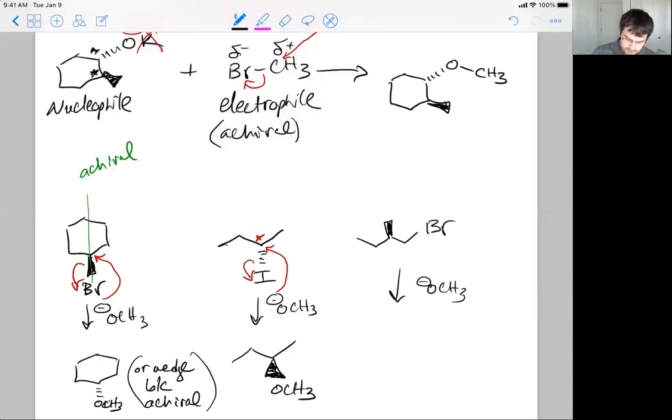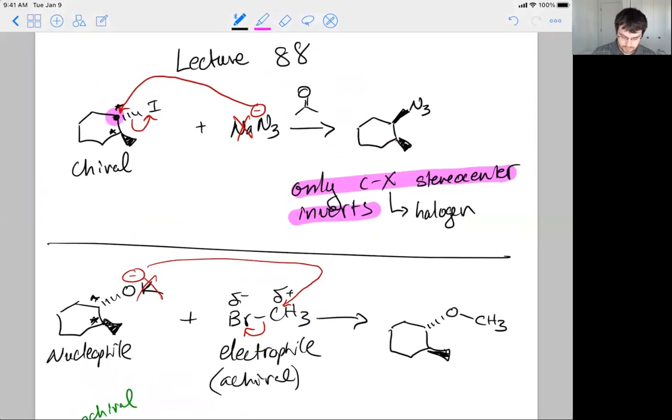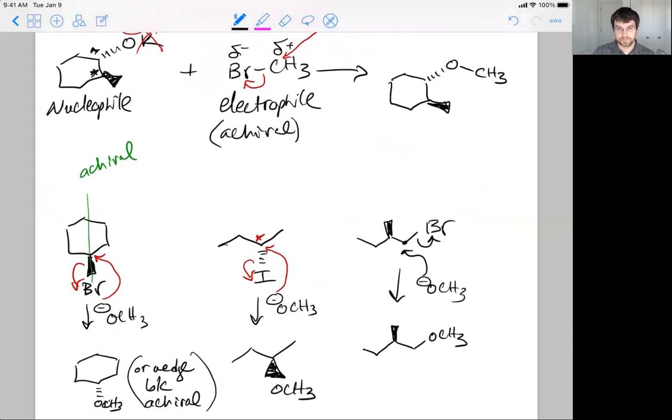Now in this next example, the stereocenter is present, but that's not part of the halogen atom, and so we don't invert it. We only invert the CX stereocenter, that carbon being directly attached to the halogen. Okay, so that is just a quick rundown of some examples with stereocenters present.